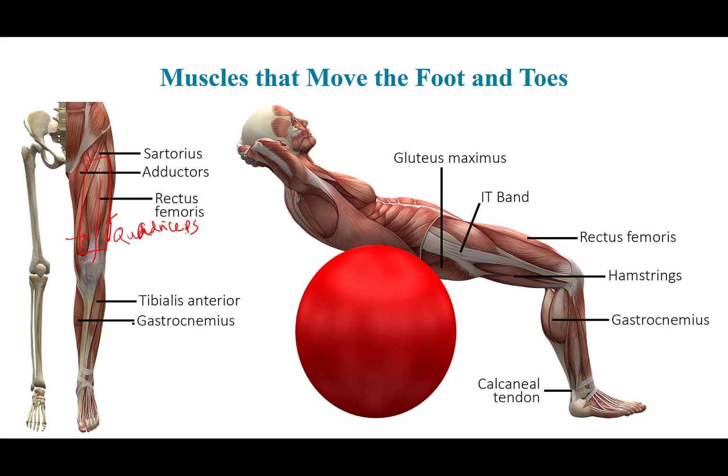And then on the back of the thigh, there's your hamstrings. You have the biceps femoris, the semitendinosus, and semimembranosus, and they all function to help you flex your knee.